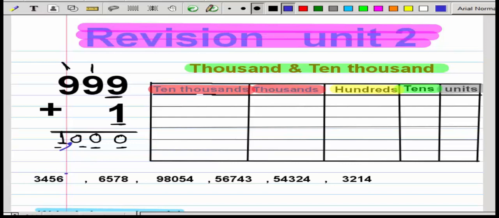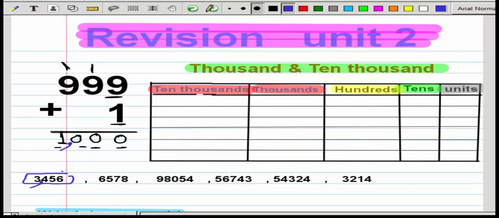Here we have a number. If we want to read it, we count 1 2 3 and read it together: 3456. Again, 3456.